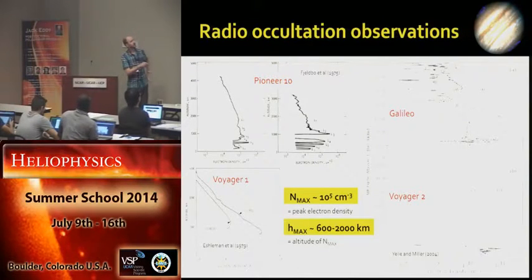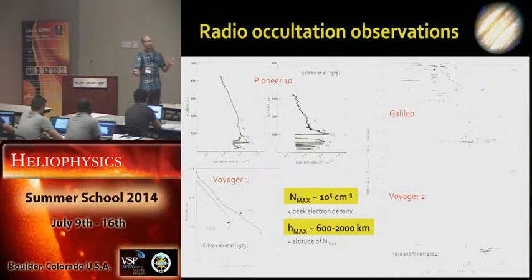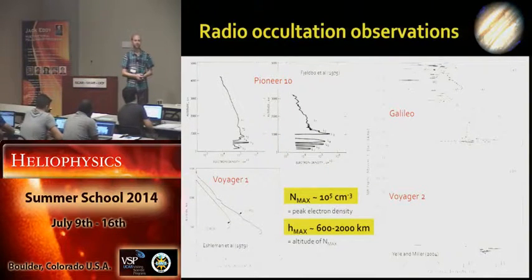Here is Jupiter. These are all electron density versus altitude profiles, from Pioneer 10, Voyager 1, and then Galileo and Voyager 2. The main point to get from these figures is that, 1, there's a lot of interesting structure present. And then there's also a significant amount of variability in these observations.